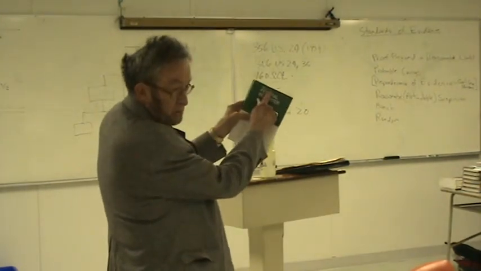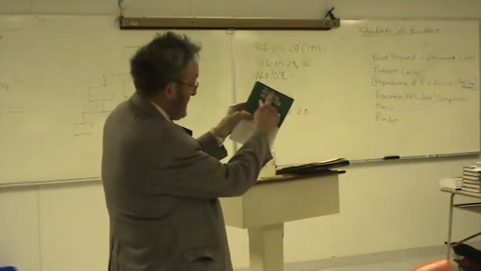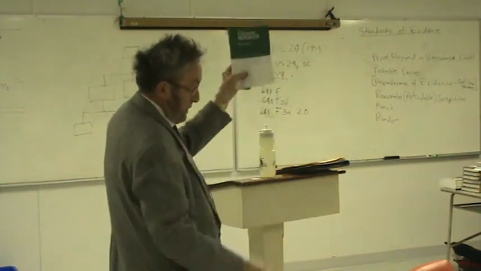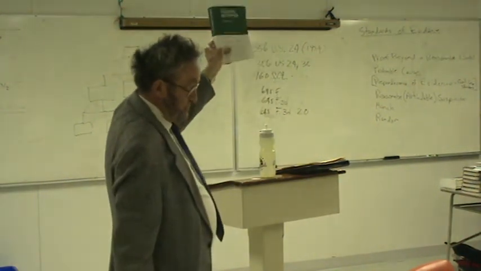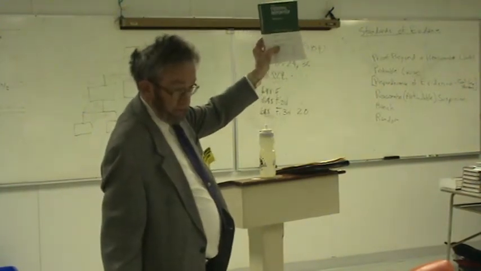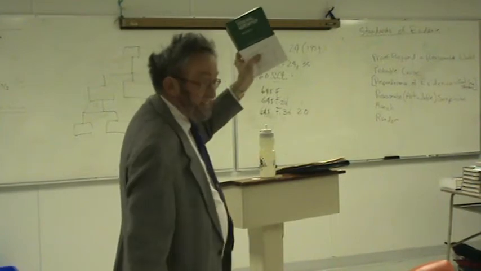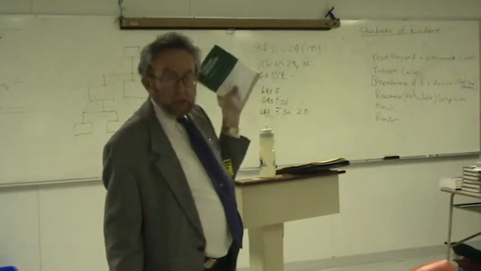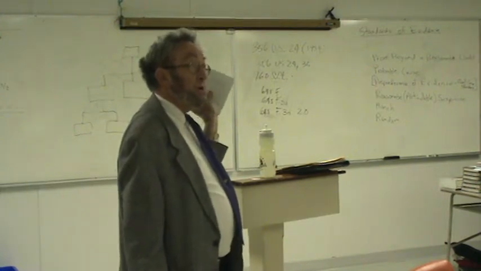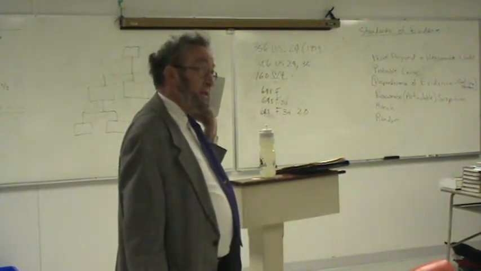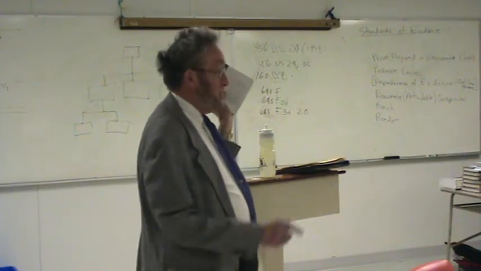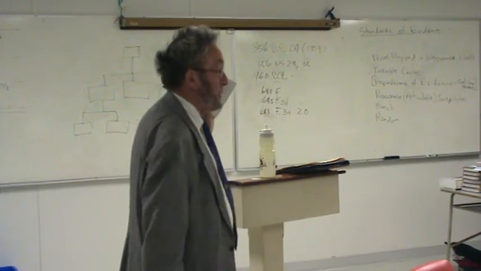West Publishing, part of Thomson Reuters now, as a matter of fact, is a private operation. I don't subscribe to this. I subscribe to Supreme Court Reporter. I have to pay for it. That's a private subscription. But you can find this stuff online. Actually, if you want to look at any Supreme Court case, go to www.cornell.edu to the law school site, and you will immediately be able to find any U.S. Supreme Court case you want. Free.